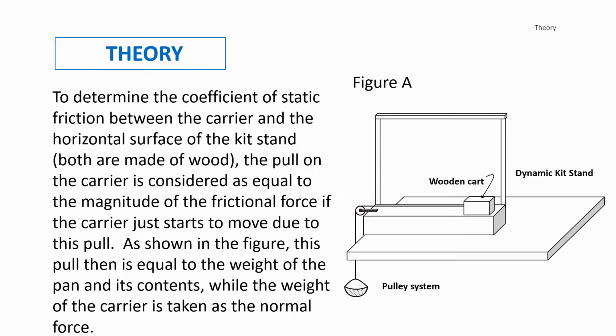The pull on the carrier is considered as equal to the magnitude of the frictional force if the carrier just starts to move due to this pull. As shown in the figure, this pull then is equal to the weight of the pan and its contents, while the weight of the carrier is taken as the normal force.